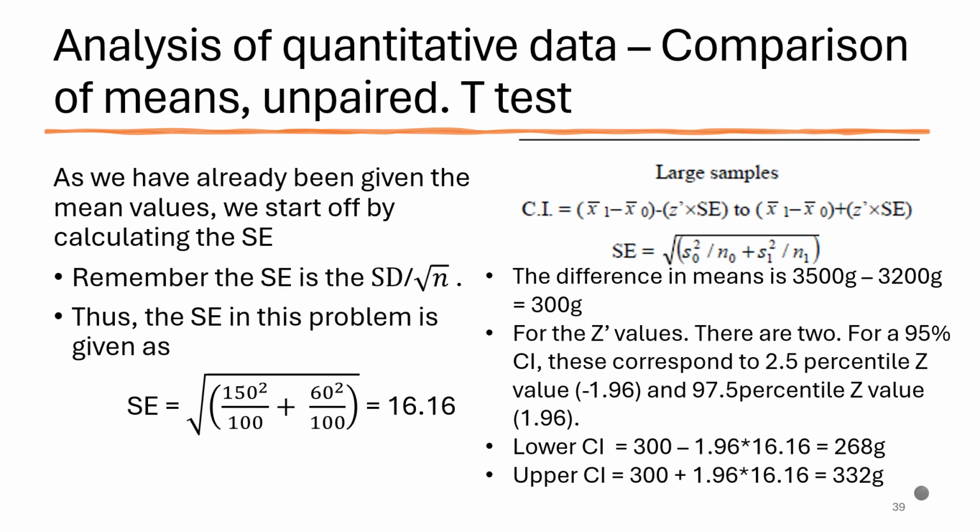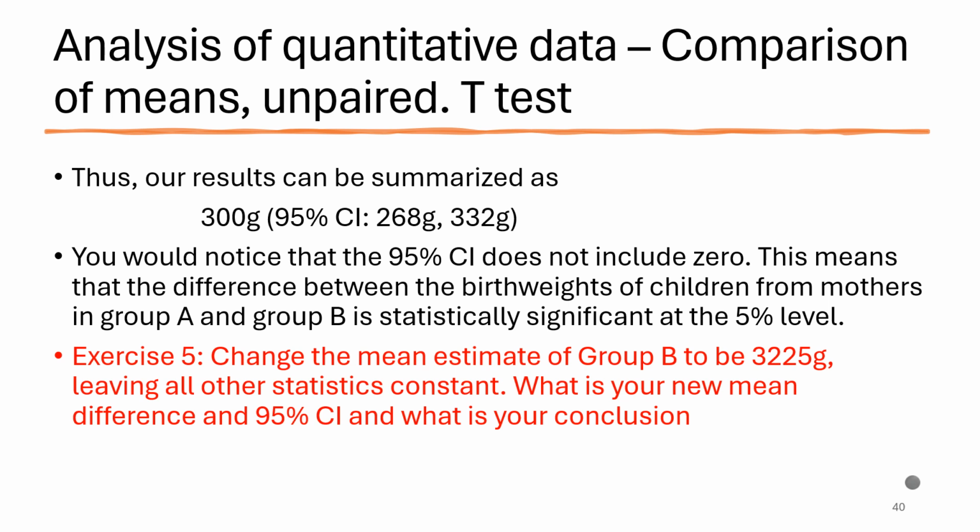And it's similar for the upper confidence limit. So what we have here is 300, with a 95% confidence interval that goes from 268 grams to 332 grams.